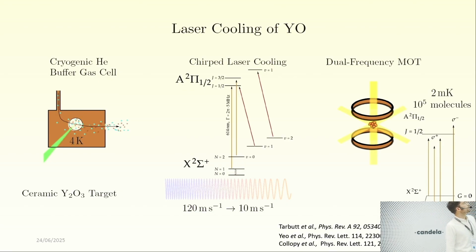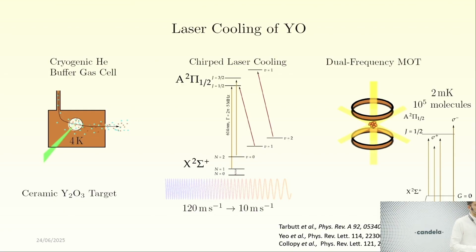We utilize a broad transition between a doublet sigma plus and a doublet pi 1/2 state, which provides us fast scattering. We can decelerate down to around 10 meters per second, which is in the capture range of our DC dual frequency magneto-optical trap, where we can usually load 10 to the 5 or a bit more molecules with a temperature of around 2 millikelvin.